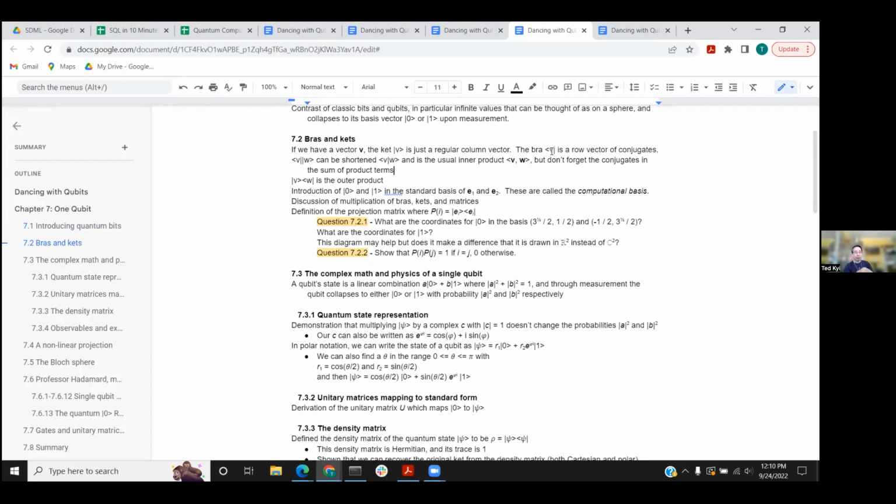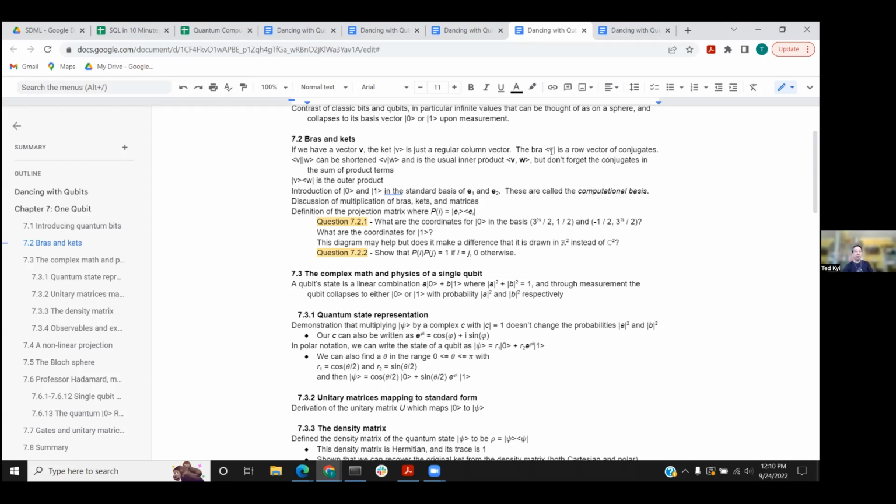Although remember, for the row vectors, there's a conjugate involved. Maybe that's not super useful yet, but in the next chapter, we're going to start to see some places where we really save on notation when we start looking at multiple qubits. And so I think there is definitely value to this bracket notation.